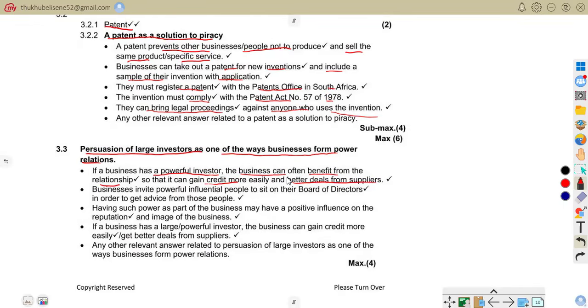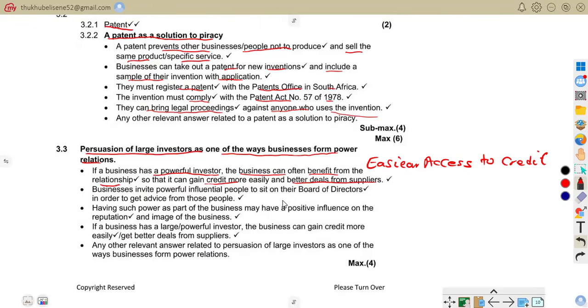Here we are talking about easier access to credit. It means investors increase trust in the business. For example, a bank approves a loan because a major investor supports the business.